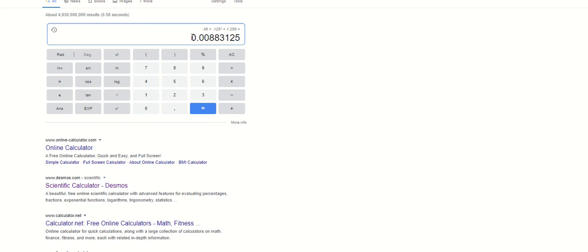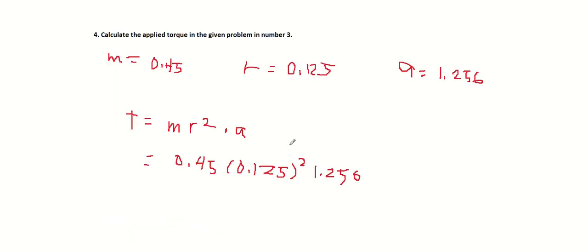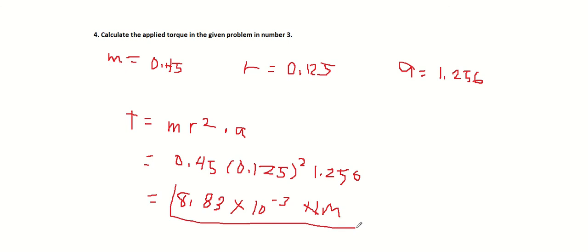Nakuha natin is 0.883. Kung gagawin natin yan, 2 decimal places sa scientific notation na lang natin, 8.83 times 10 raised to negative 3 Newton meters since torque. Yan yung unit ng torque.